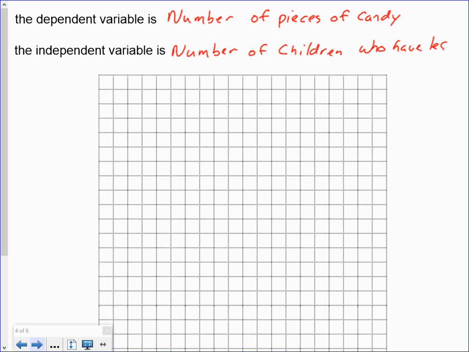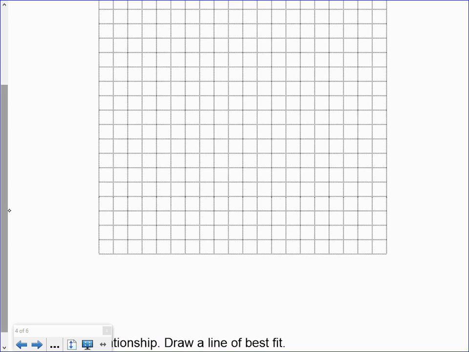So now we want to take this data and turn it into a scatter plot. So we've got our grid here. We know that our independent variable is the number of children who have left, so we're going to plot that on our horizontal axis. So down here, this is going to be the number of children who have left.